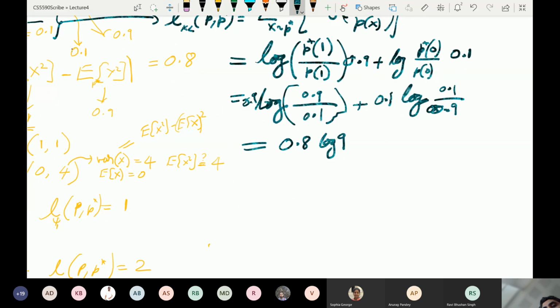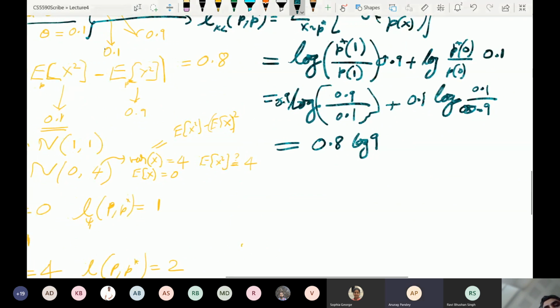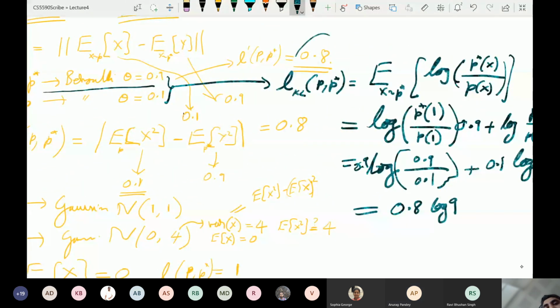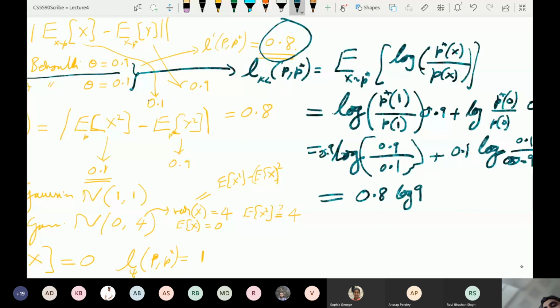Yes or no? Okay. So what was the previous loss function we got? 0.8. So this is not very different. There is a factor of log 9, that's all. So many of these loss functions are related. It's not that they'll give arbitrary values. Many times they'll give related values.